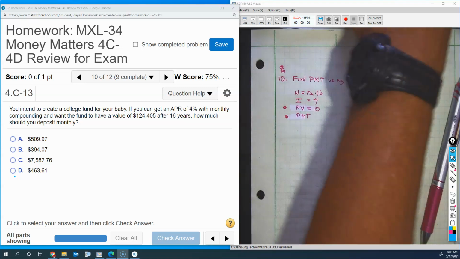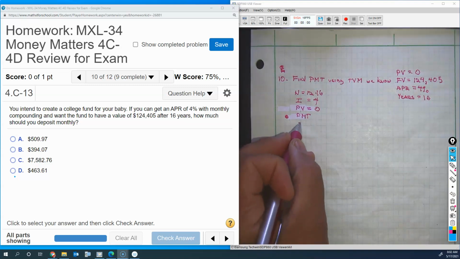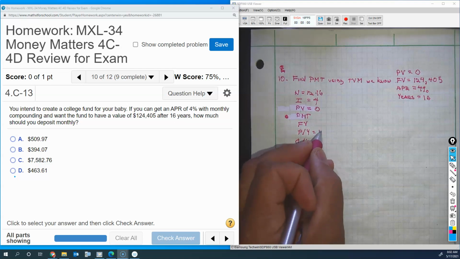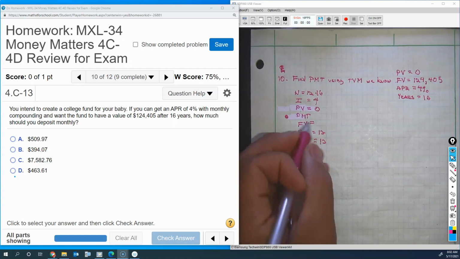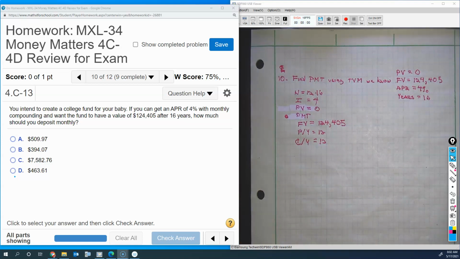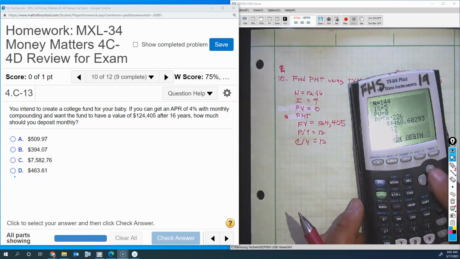Payment is what we want. Then FV, PY, CY, so 12, 12. Times 16, and then our payment, alpha, enter.